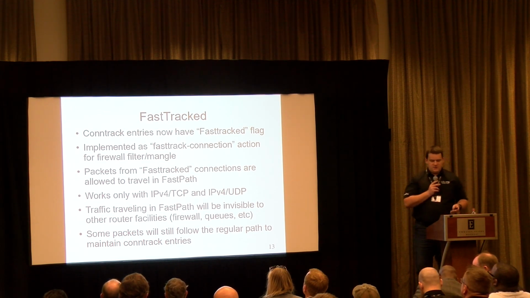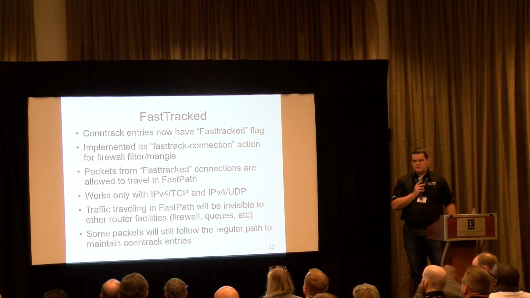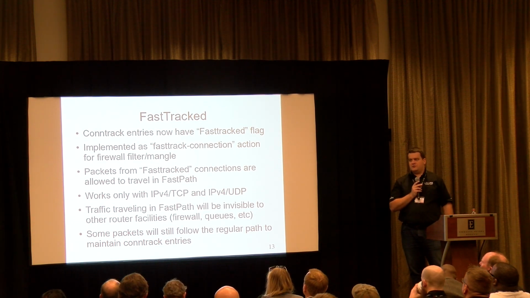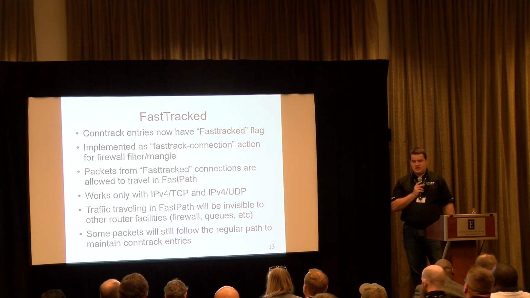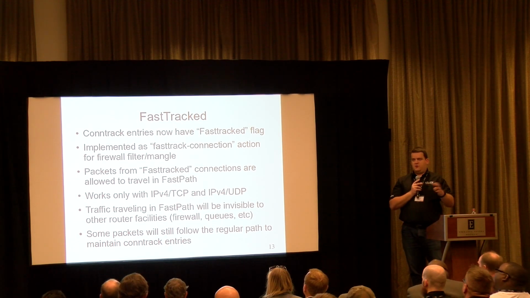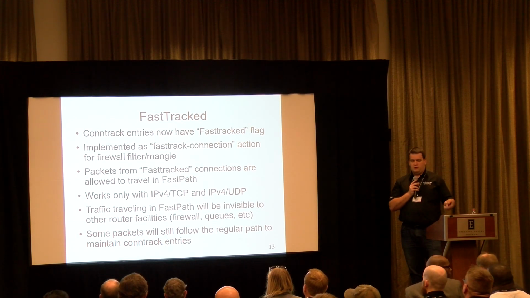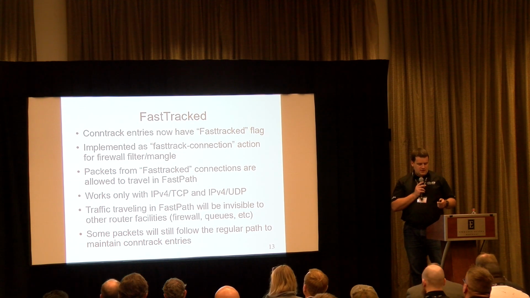This FastTrack feature works only for IP version 4 TCP and UDP. Sometimes some packets will still go through the firewall just because we need to update counters so that the connection doesn't time out in the connection tracking table, and so on. So sometimes you can see 1, 2 packets going through, but not the whole connection.